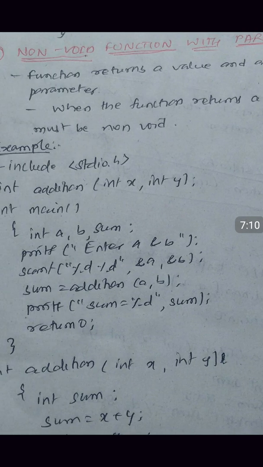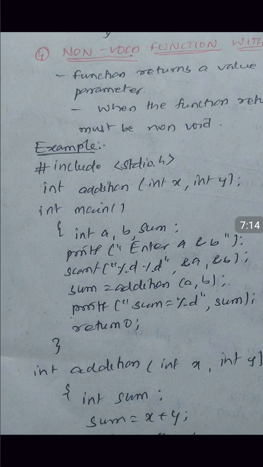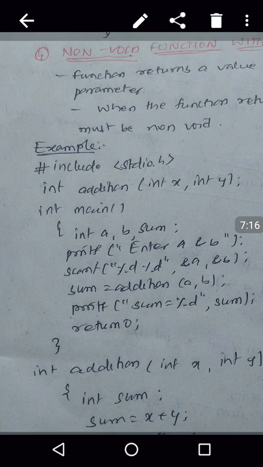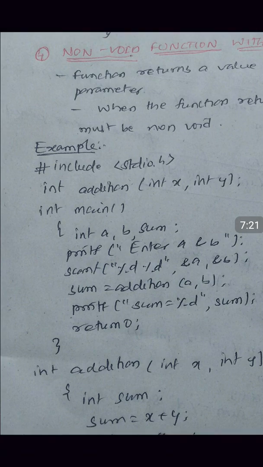So int x comma int y are the arguments, which act as parameters, and the addition function is also of integer type. In the function definition of addition, int sum is a local variable which does the addition of the two numbers and returns the sum value. So this is the variety of functions.